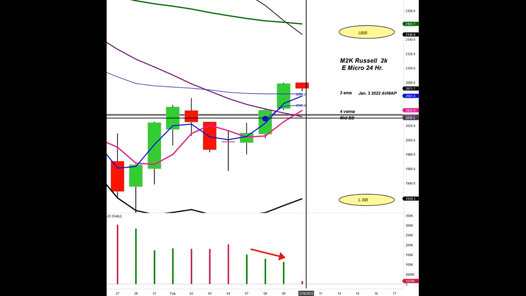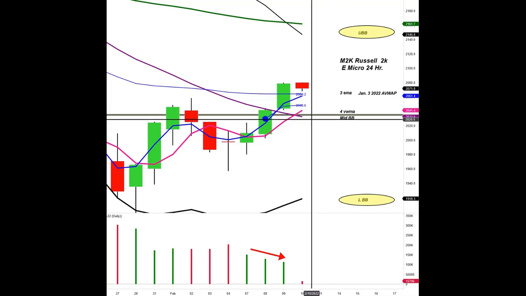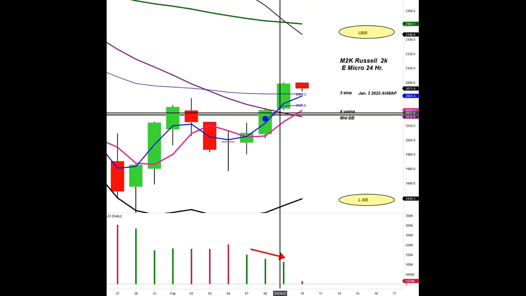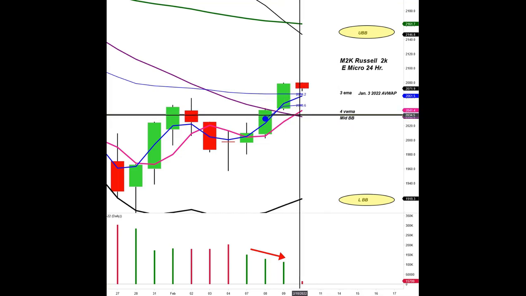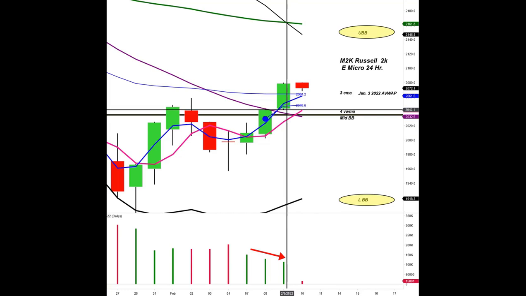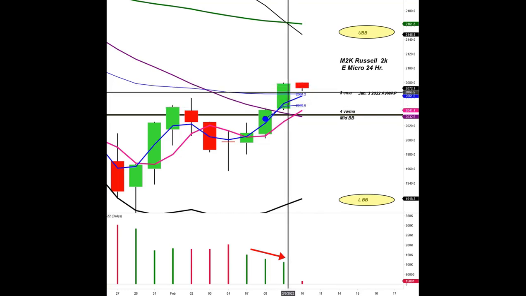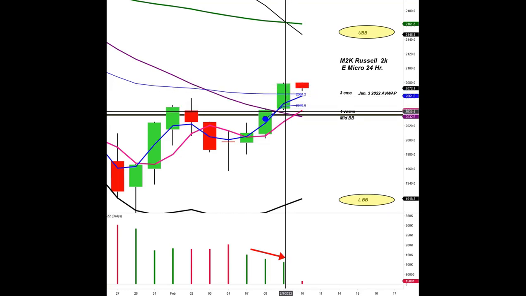But even more important to me on this 24-hour is the middle Bollinger Band. And notice the angle, it's pointed down. So this is really the first time in 2022 we've had one full candle day absolutely above with air, and that was the previous day of February 9th.